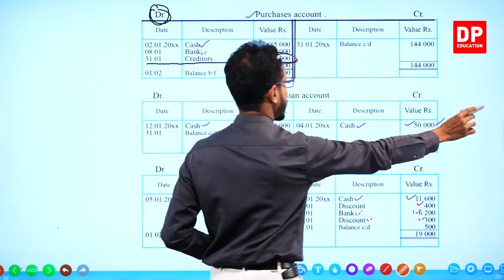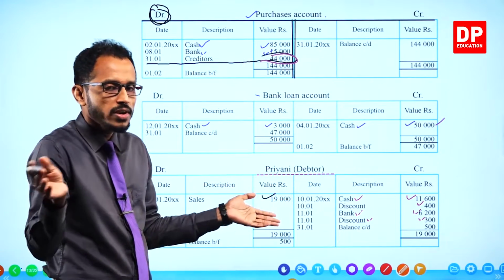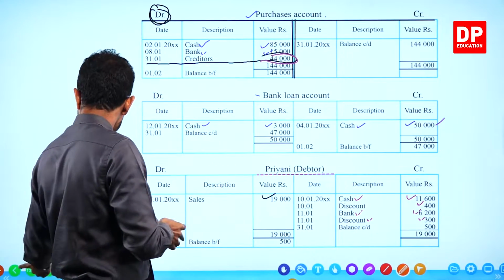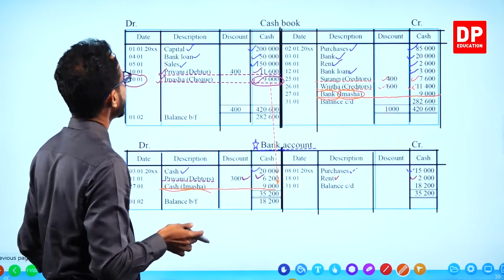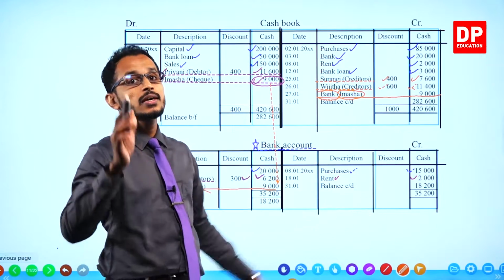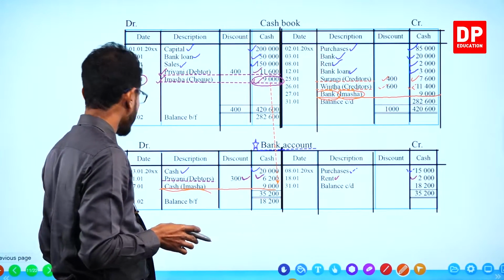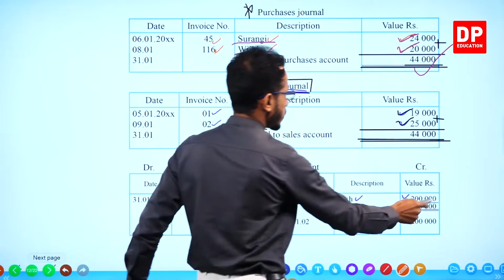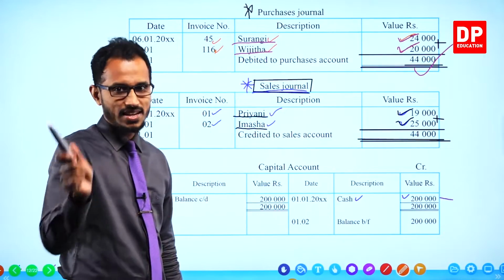Yes. As and when we entered one entry, we entered the double entry of it in the relevant ledger. That's how you do it.